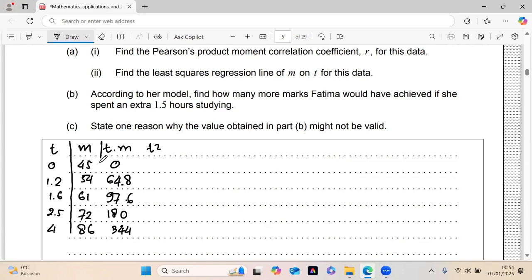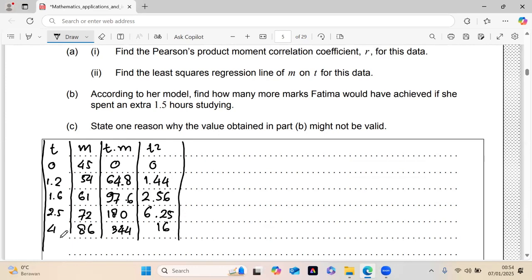I create a table. T squared: 0, 1.44, 2.56, 6.25, 16.